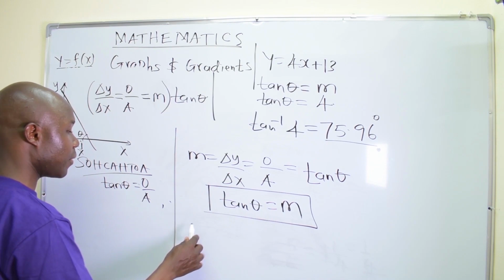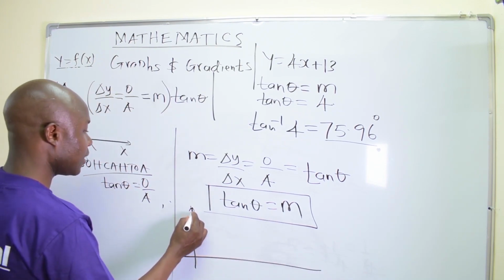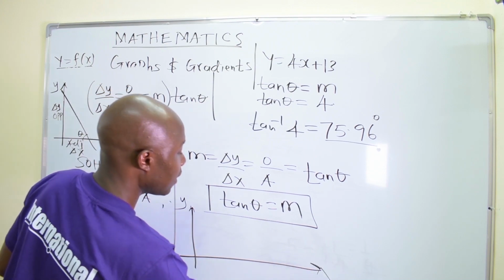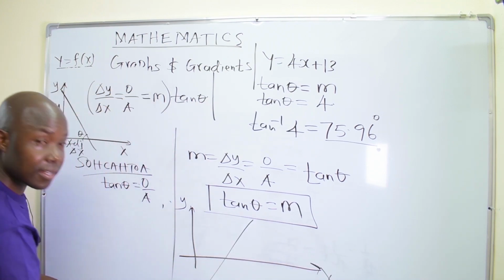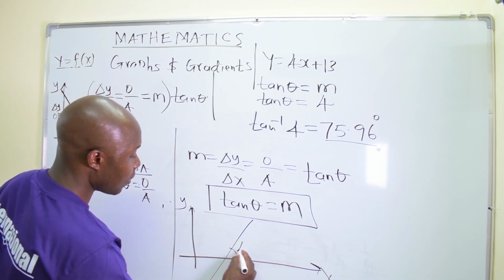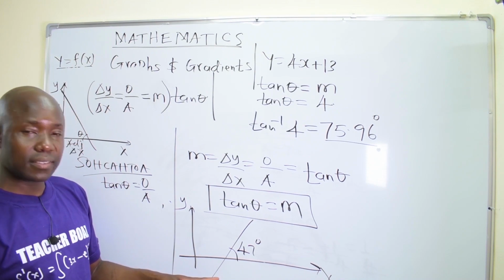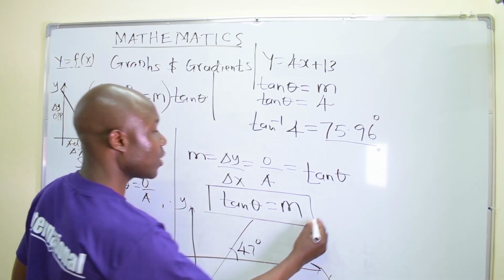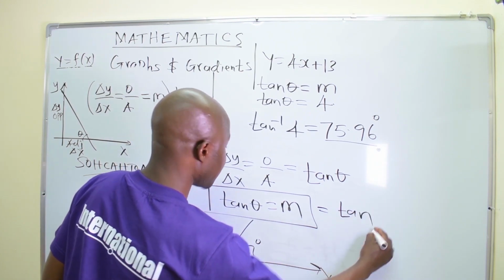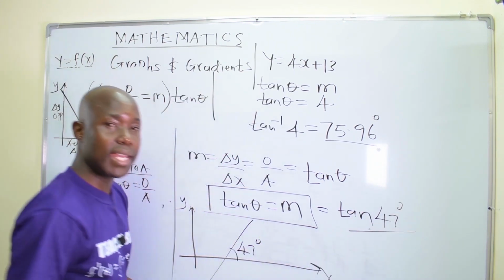Because the next time, in an exam, they will just draw for you a line like that. They will tell you that is y, that is x. Then somebody will draw a line like that. Then they say the angle here is 47 degrees. Then they ask you, what is the gradient of this line? You will simply come according to the rule and say, it is the tan of the given angle in degrees.